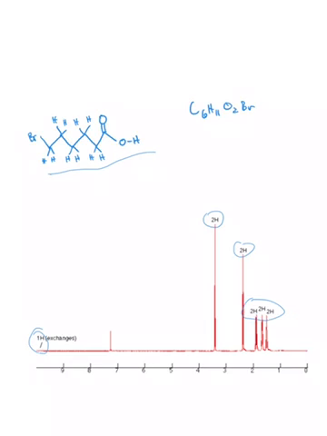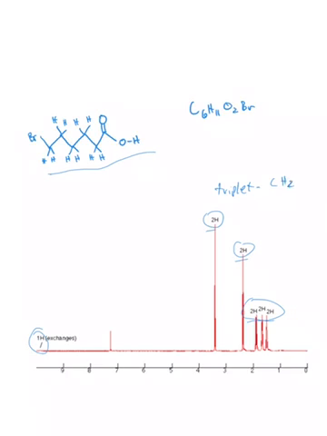However, if we were to examine the splitting pattern further with an image that is zoomed in, we would notice that each of these peaks that has an integration number of 2H is a triplet. A triplet means that each carbon environment is going to have 2 hydrogen atoms adjacent to it. So we're going to have CH2s.